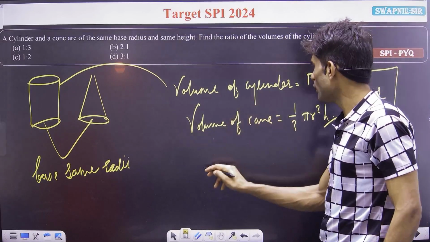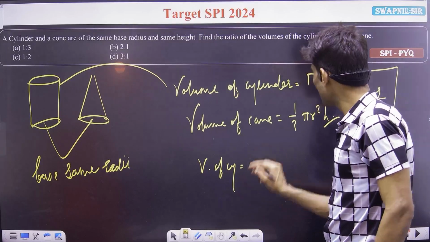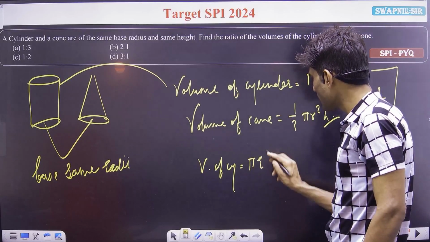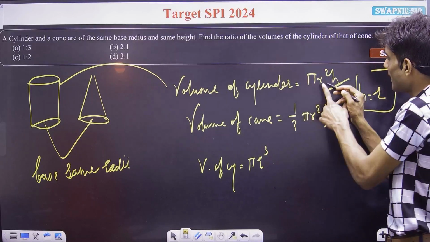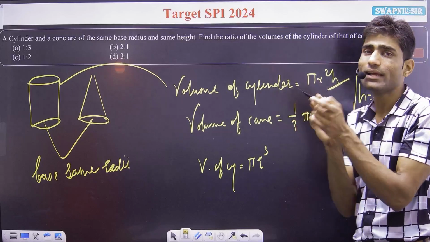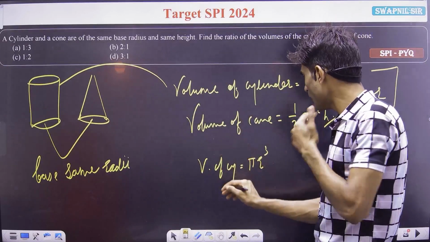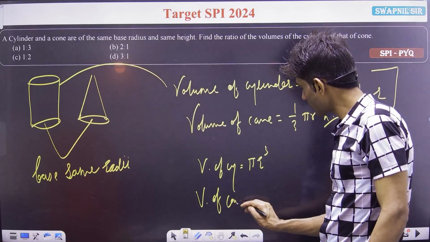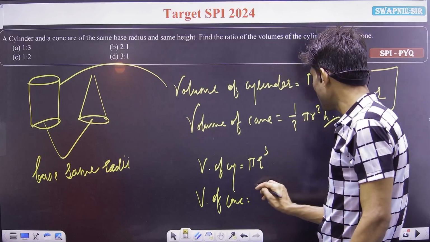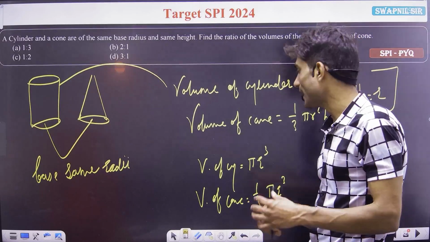Then the volume of the cylinder is pi r cube. Why pi r cube? Because height equals radius, so r square into r, and when the base is the same we add the powers, giving pi r cube. The volume of the cone is 1/3 pi r cube.